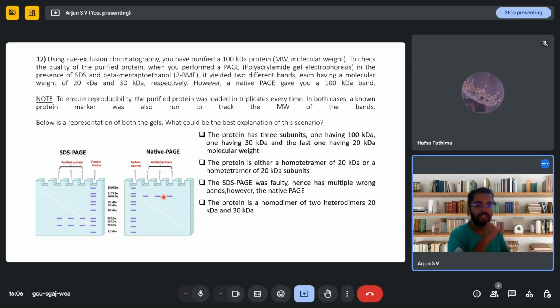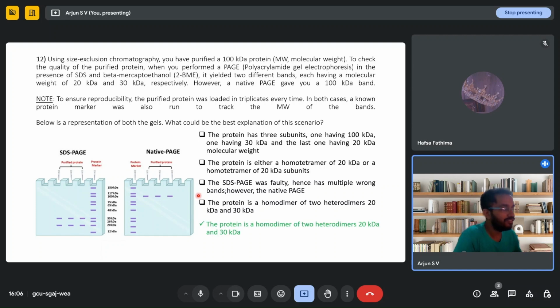But if you use beta mercaptoethanol in the SDS page, all the fragments will be cut into 20 and 30 kilodalton bands. So you will be getting bands in the 20 kilodalton and the 30 kilodalton range. So the correct answer is the protein is a homodimer of two heterodimers, 20 kilodalton and 30 kilodalton.